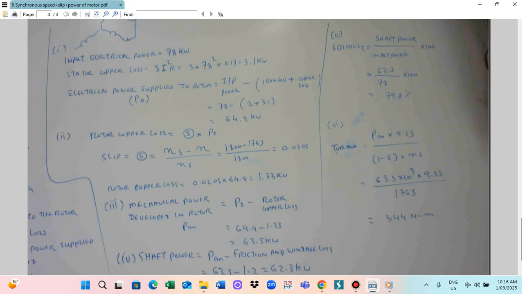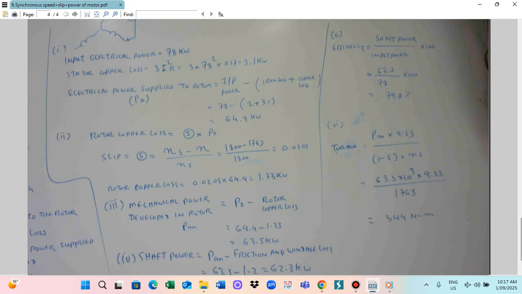So torque is PM multiplied by 9.55 divided by (1 minus S) into Ns. This is the torque equation, where (1 minus S) into Ns is the rotor speed.